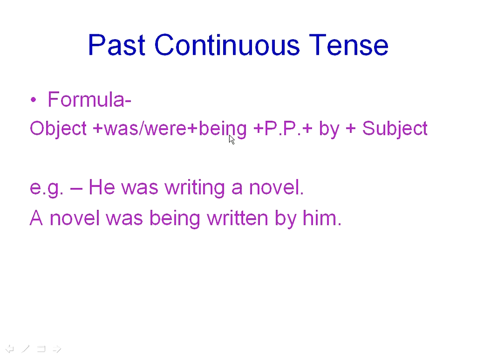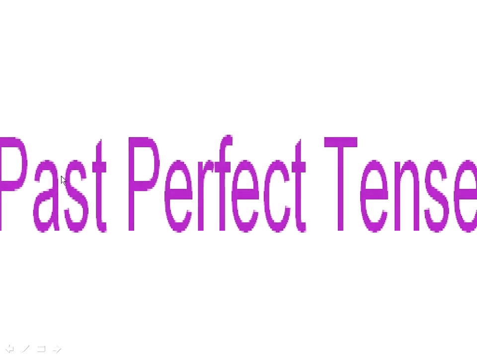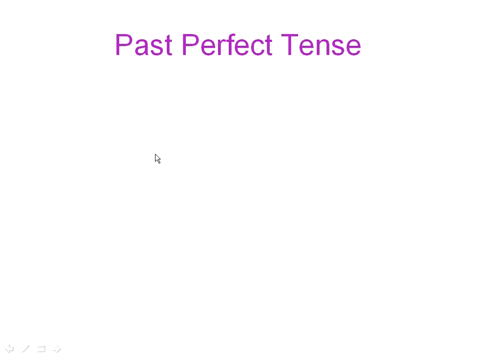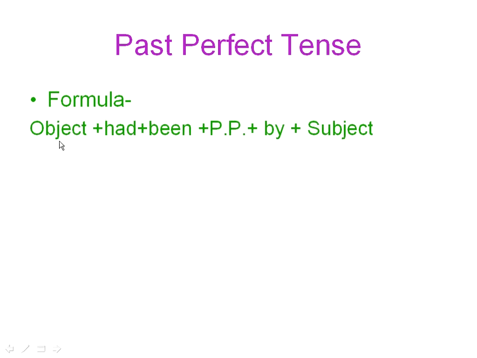In the continuous tense, we generally use being before the past participle of the verb when changing the voice from active into passive voice. Next, when there is past perfect tense in the sentence, we use the formula object plus had plus been plus past participle of the verb plus by plus subject.